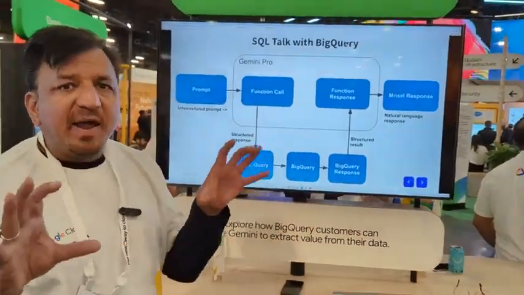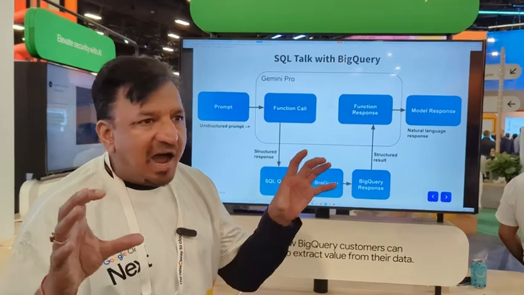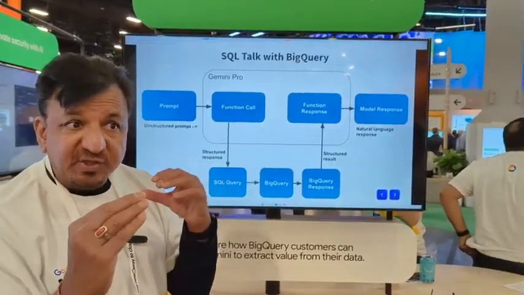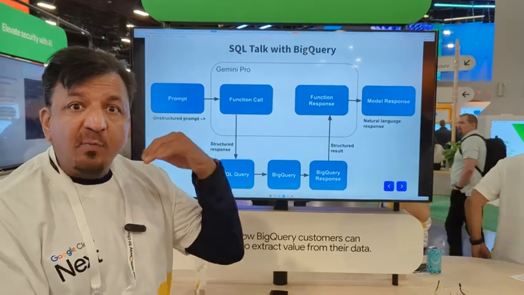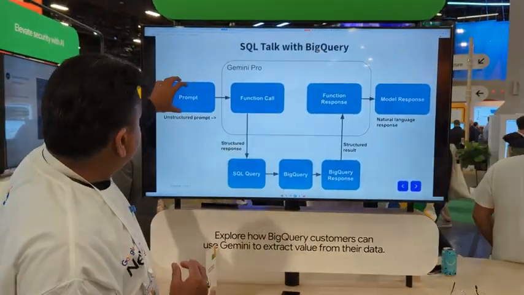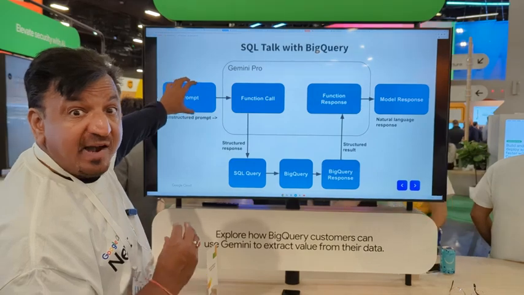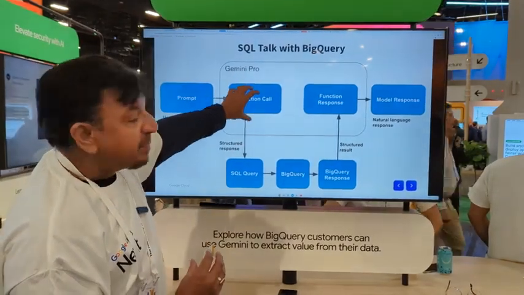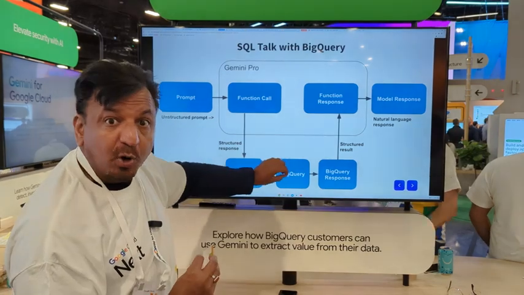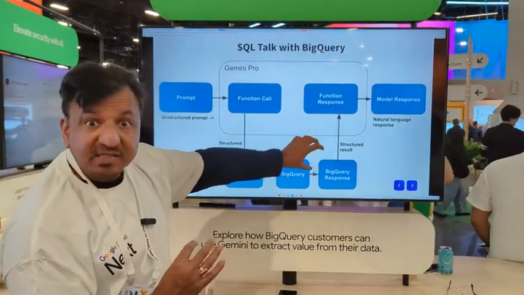So just to summarize, what we showed you is how a non-technical user can interface with Gemini, and Gemini will do all the coding on the back end, right? As a user, I simply provide a prompt, and the prompt will call the right functions, which run the SQL query against the backend system, right?